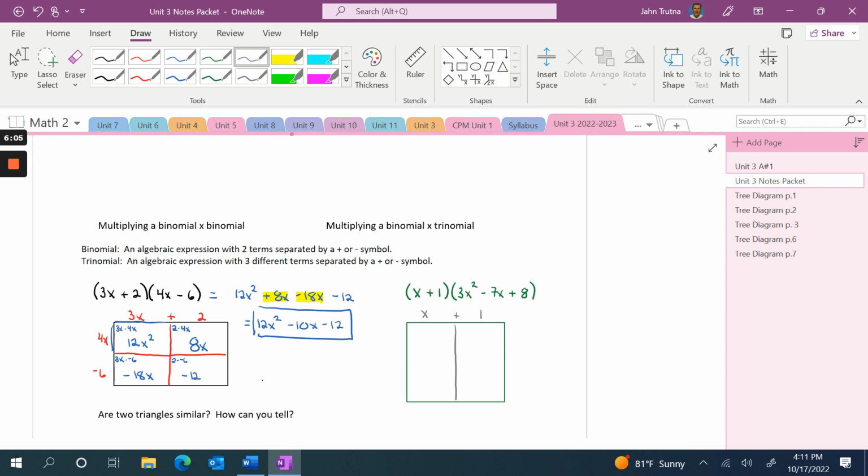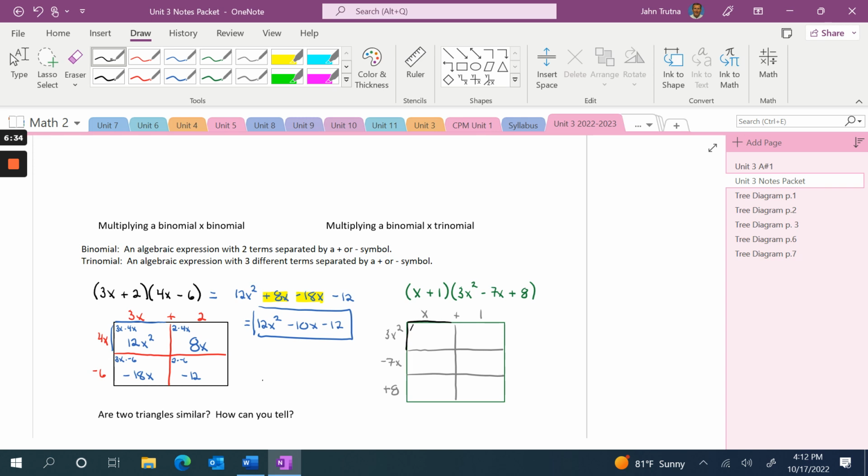Along the side, I'm going to write the trinomial, 3x squared minus 7x plus 8. And because there's three different terms, I'm going to divide the area model into three pieces horizontally. So then I have to fill out the inside region of all 6 rectangles, always multiplying the top of the rectangle with the side of the rectangle.